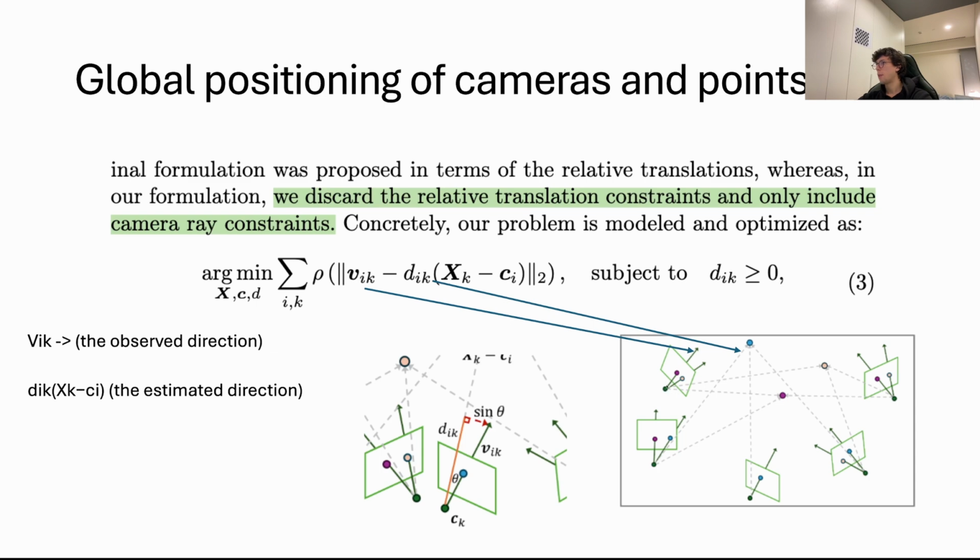So for example, this is the observed direction for the yellow point, and this is the estimated direction of the point now, right? This is before initialization, at the very beginning. So what they want is to minimize the distance between the observed and estimated direction for each point in each camera. So this becomes a very big optimization problem.